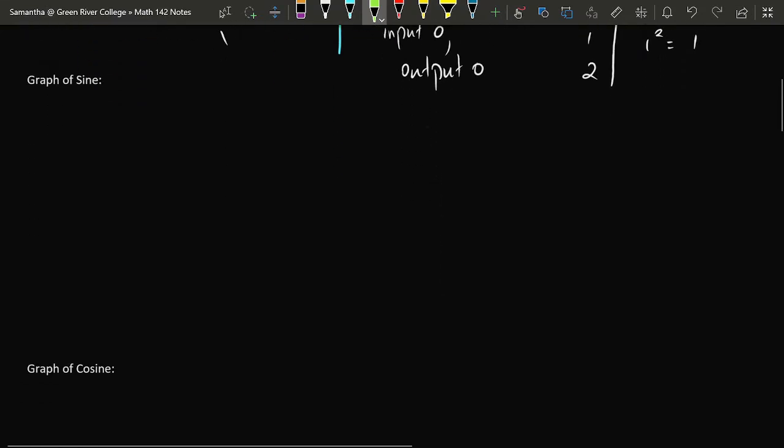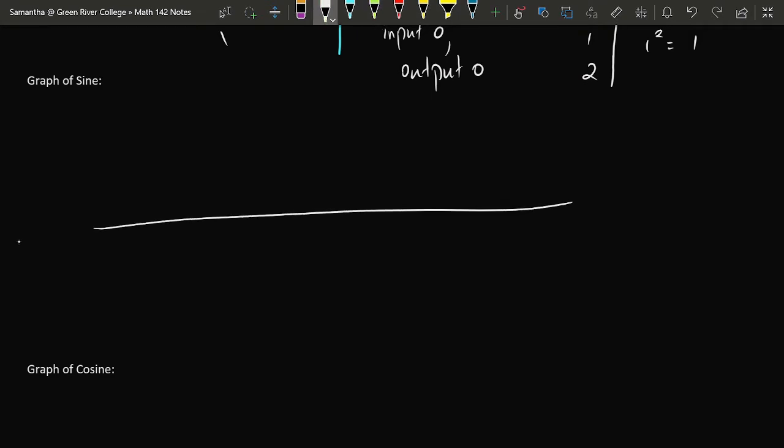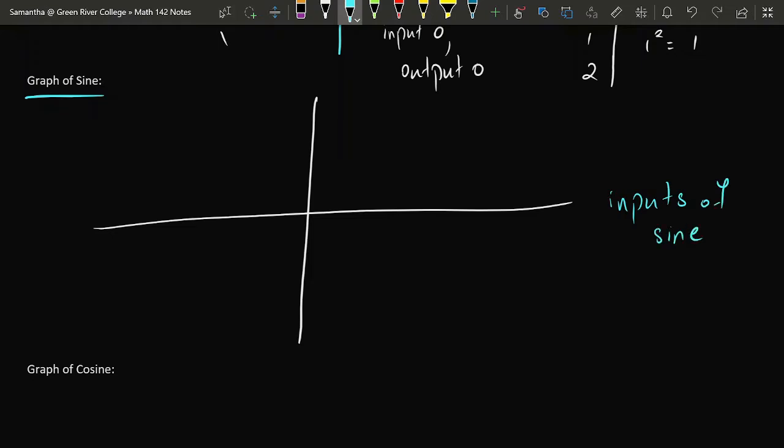So when I graph the sine function, I graph this in 2-dimensional space as well. The horizontal axis, when I'm graphing the sine function, is representing the inputs of sine. The inputs of sine, that is angles.